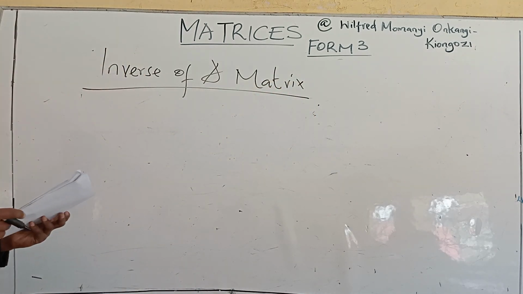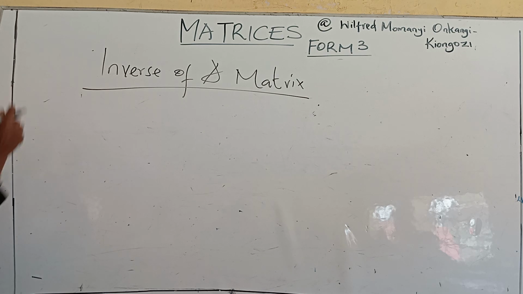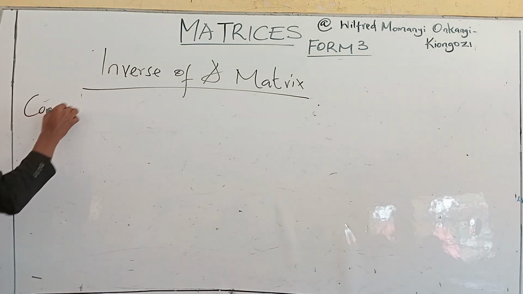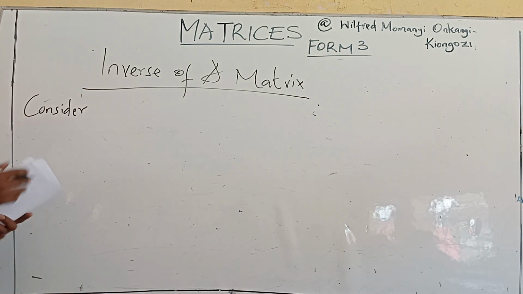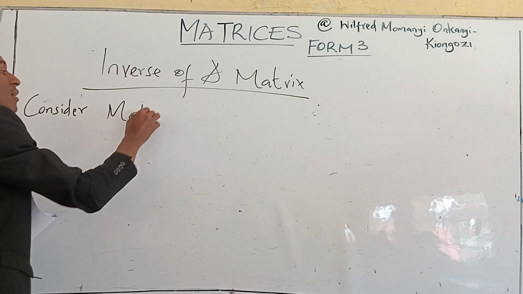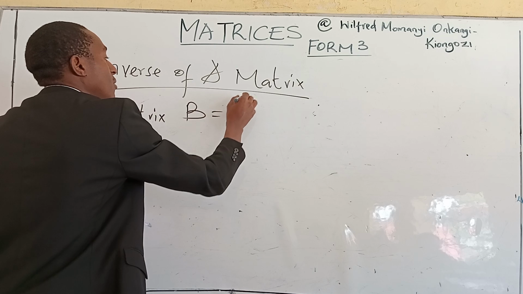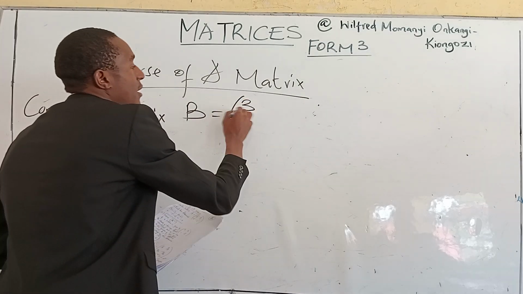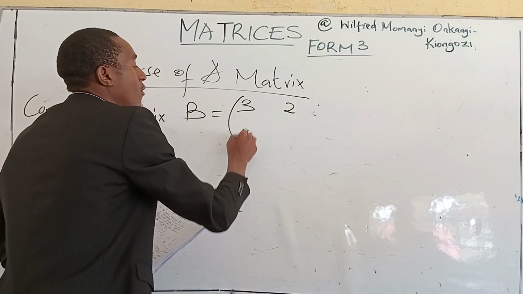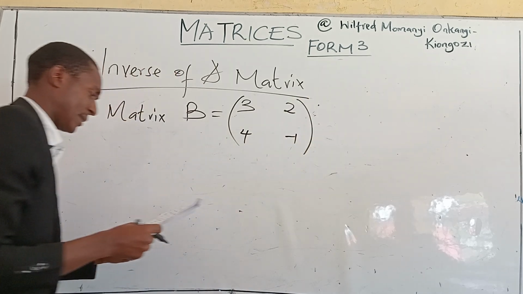Inverse of a matrix. We also give an example. Consider matrix B, which is equals to 3, 2, 4, negative 1, like that.